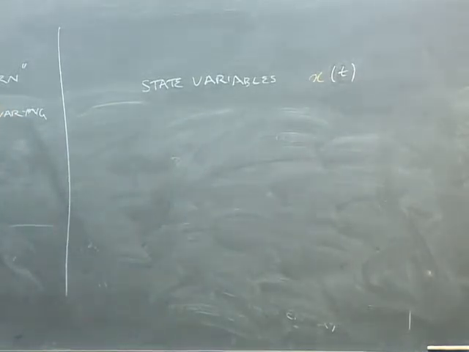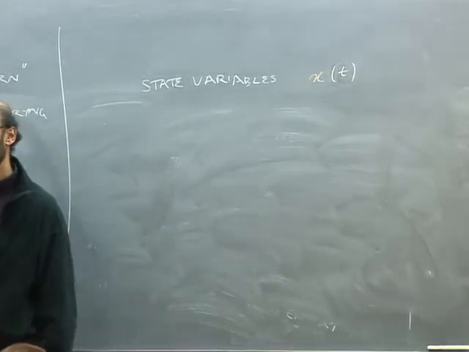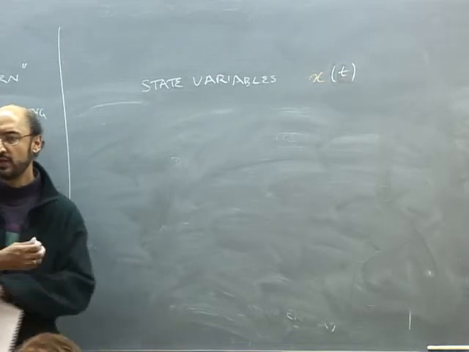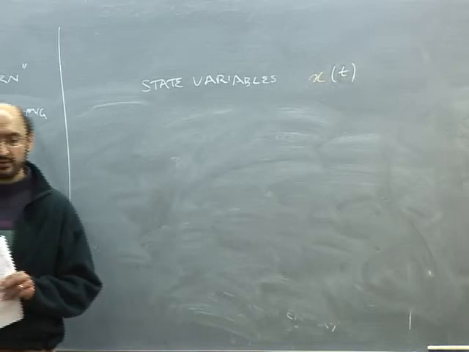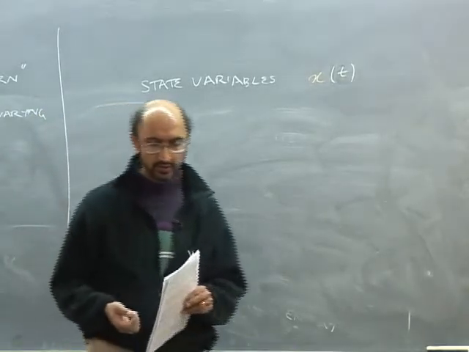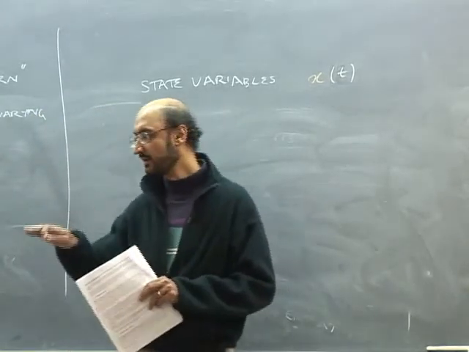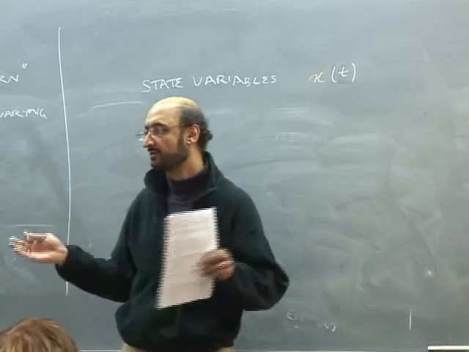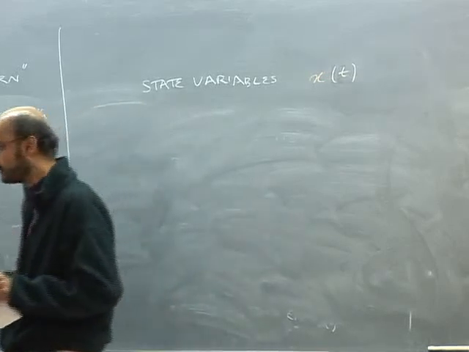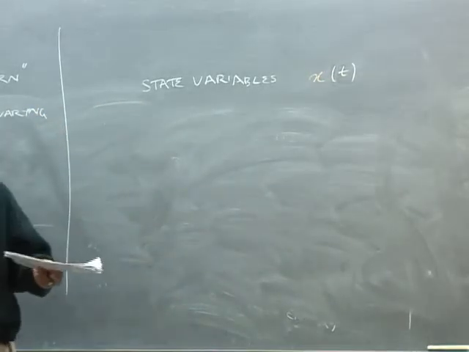And the intuition here is that if you knew the values of the state variables, then you know everything about the system. Okay, so in the speed control car example, I have the accelerator position, where the pedal is, and I have the velocity, and that's it. If I know the pedal position and the velocity, essentially nothing else about this car matters.